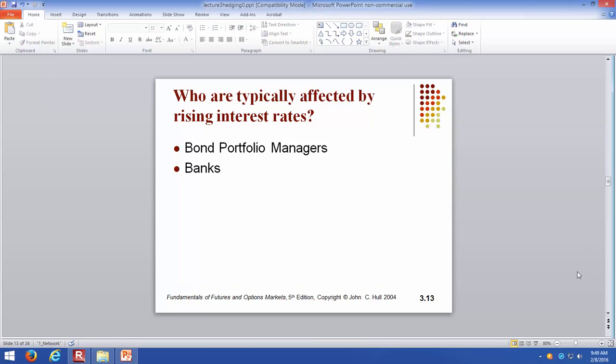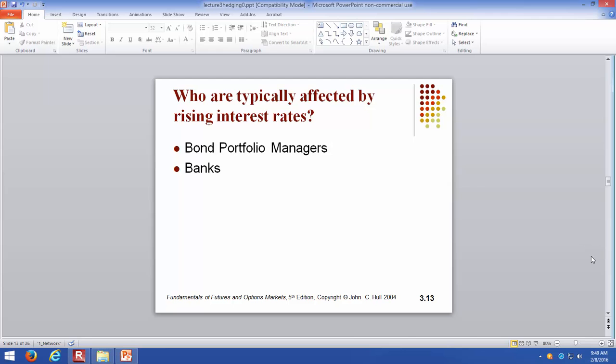What about banks? If you remember what you did in financial intermediation, one of the things you might have studied is that banks are exposed to interest rate risk. So typically the assets, which are the loans they have, tend to be of a higher maturity than the liabilities, which are the CDs and other things that investors invest with them.